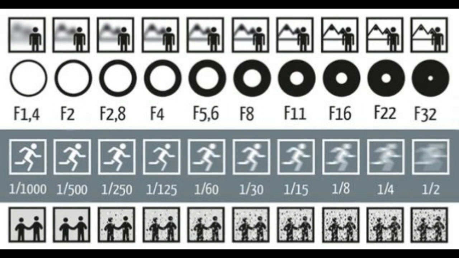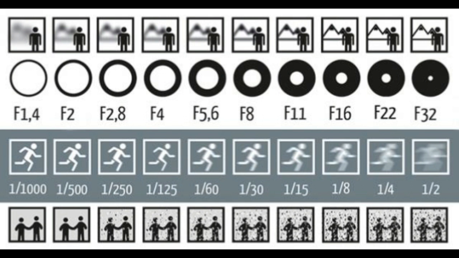In the first column, f1.4, at the top of the picture there is one person standing. That is the picture taken from the camera. In this case, the person is in focus, but the background behind him is blurred.